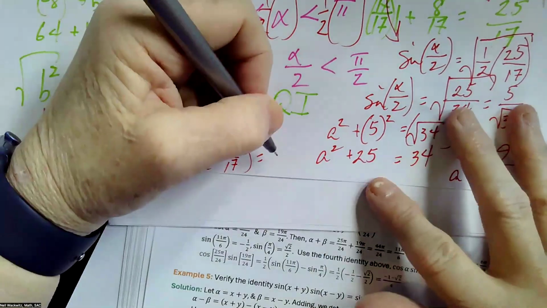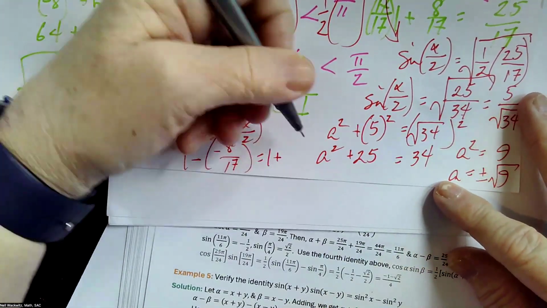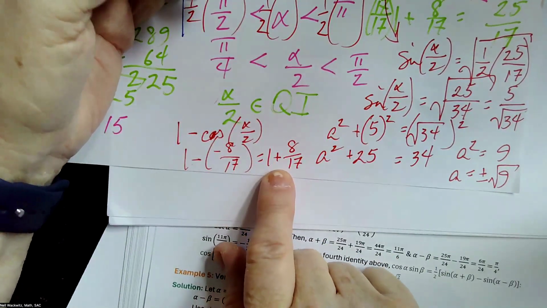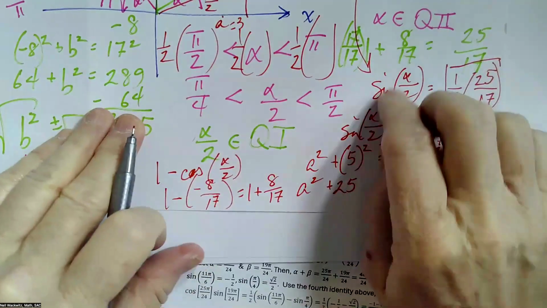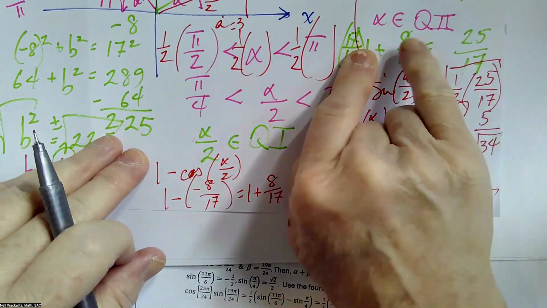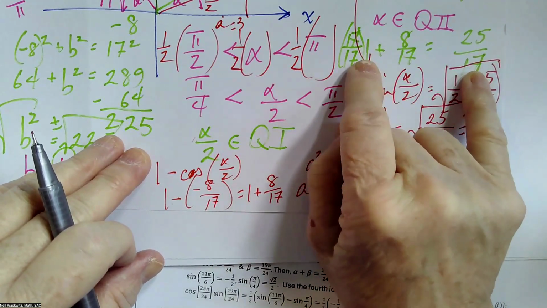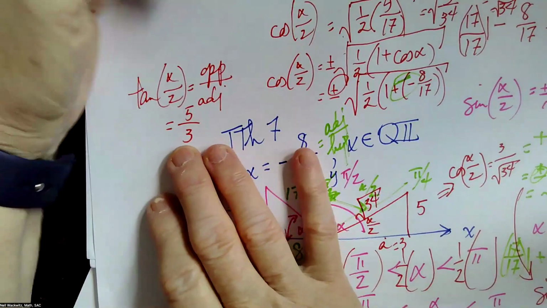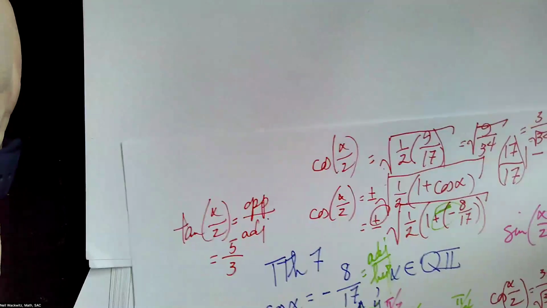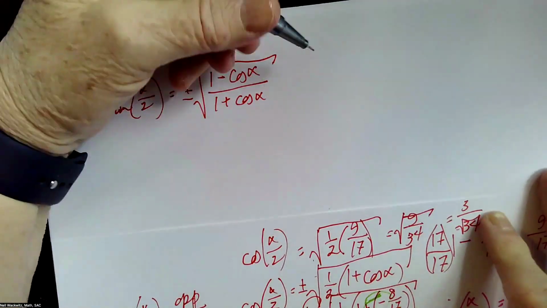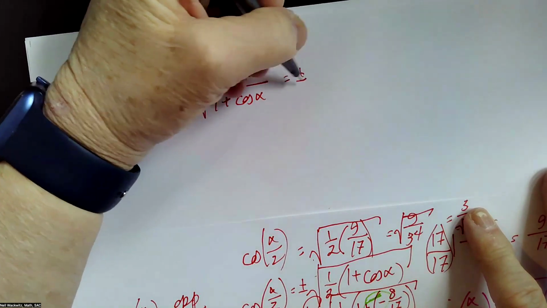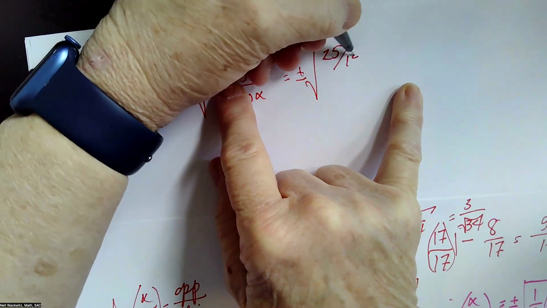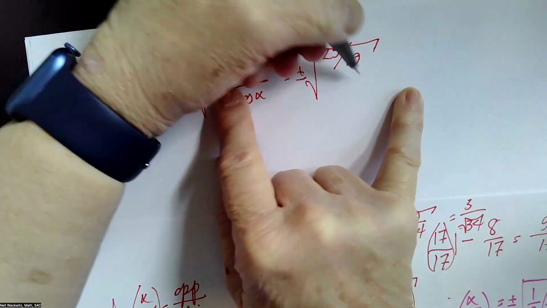That's plus, so we got 1 plus 8 over 17. We rewrote the 1 as 17 over 17. Oh, here it is. So we got that 17 plus 8 is 25, and then the denominator stays 17. So the numerator is going to be 25 over 17, and that square root is still there.